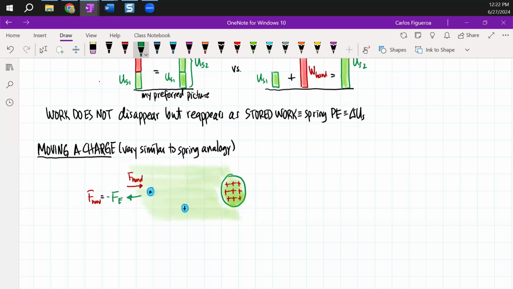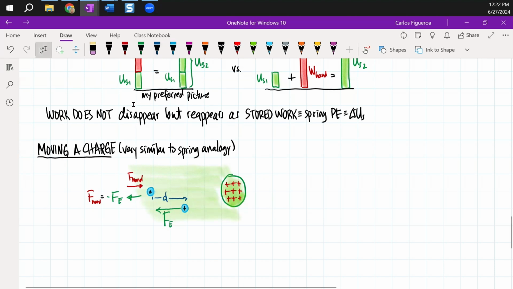And so as I get closer, the electric force grows in strength. Again, the reason it grows in strength is because it's position dependent. So now I have moved this guy from here to here.